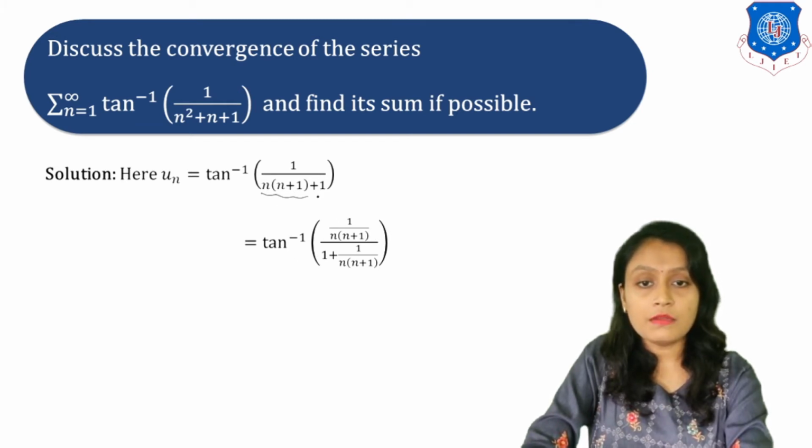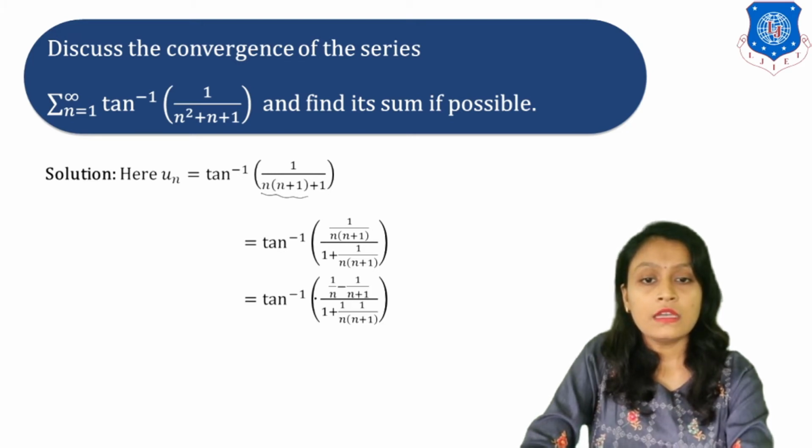So here we have 1 plus 1 upon n into n plus 1. Okay, now we will rearrange this 1 upon n into n plus 1 as 1 upon n minus 1 upon n plus 1, and this denominator we have kept as it is. You can cross multiply here and check, so you will get this term.